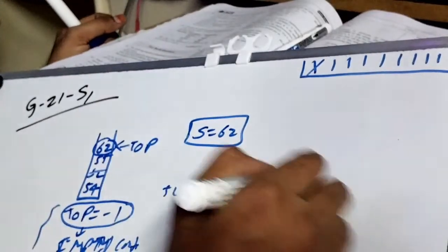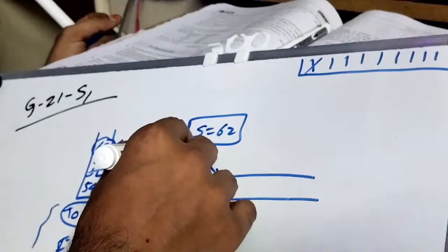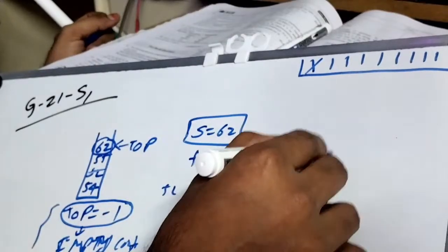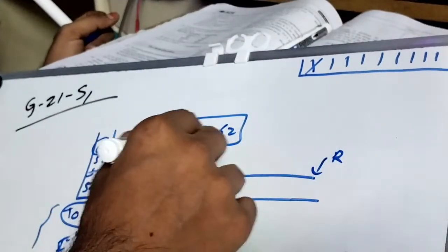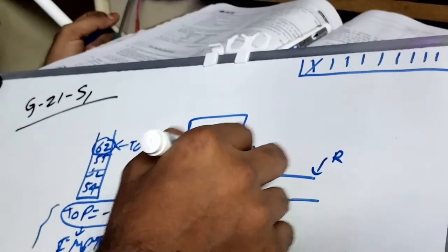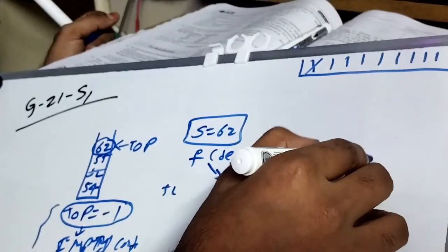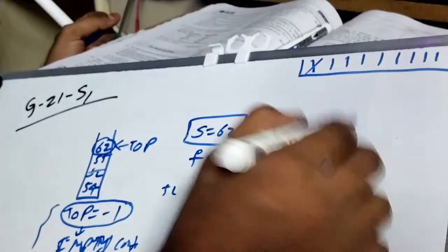So this is Q. In a queue, this is front and this is rear. At the front we DQ, which is deleting. The rear is for adding. Can you remember that?